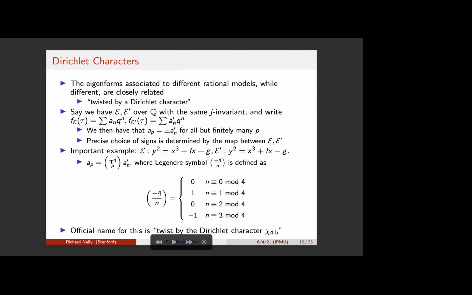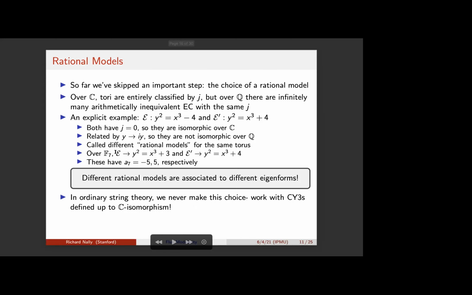If p is 1 mod 4, we get a plus, and if p is -1 mod 4, we get a minus. In this example, 7 is 3 mod 4, so a7 has a relative minus sign in these two elliptic curves, which are related by g goes to minus g. But if I had computed a5 instead, a5 would be the same.